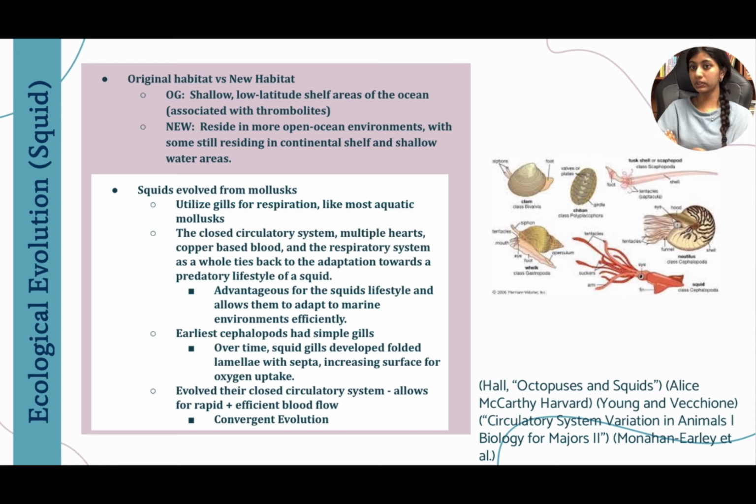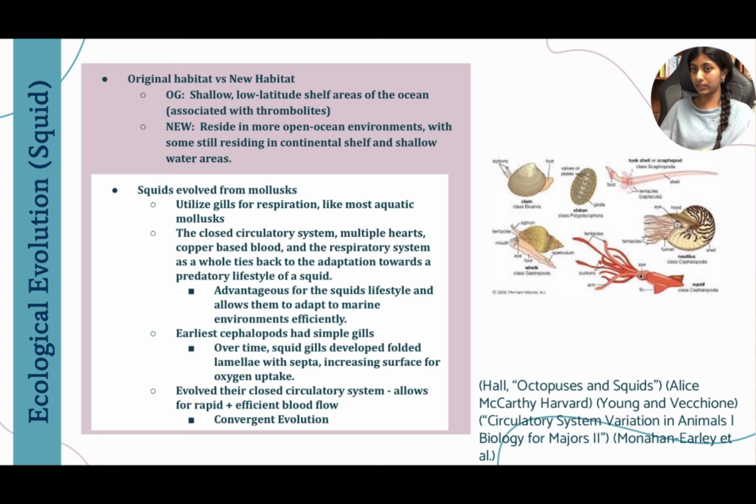Their respiration system as a whole is really important for them because it helps them in different oceanic environments, and it also helps them adapt to these environments that may not have as much oxygen or may have faster moving water. So early cephalopods actually had simple gills, and over time squid gills evolved into having many folds within themselves.